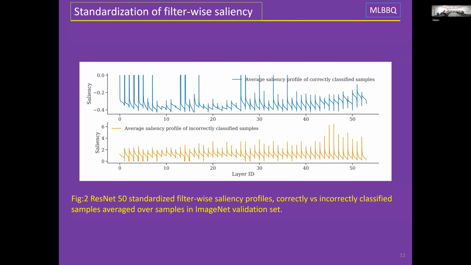Their observation is that for correctly classified samples, usually the early layer filters have higher saliency values, but for incorrectly classified samples, the later, deeper layer filters have higher saliency values.